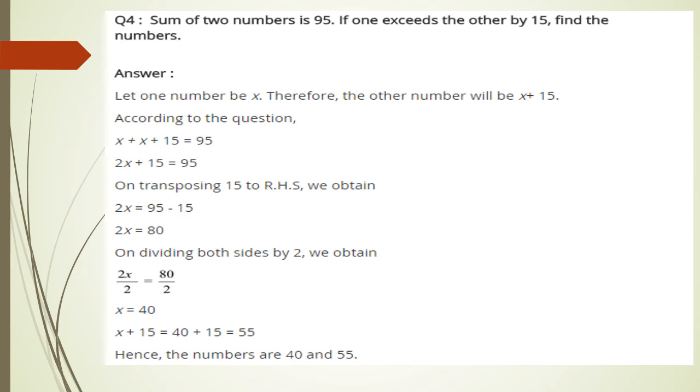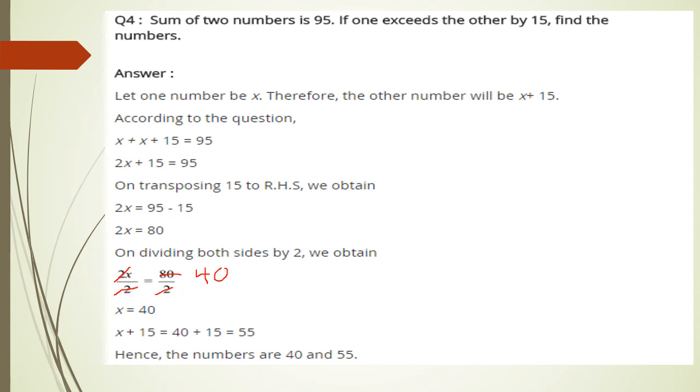Children, here this 2 and this 2 get canceled. Then 2 ones are 2, 2 forties are 80. So the x value is 40.